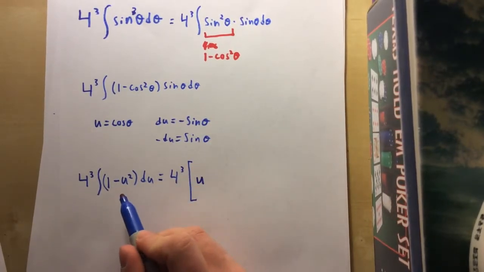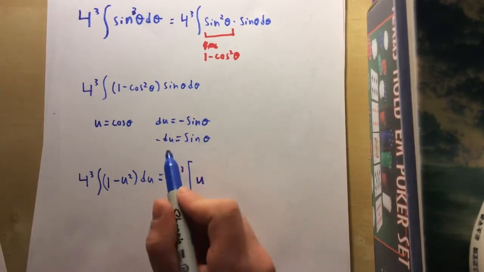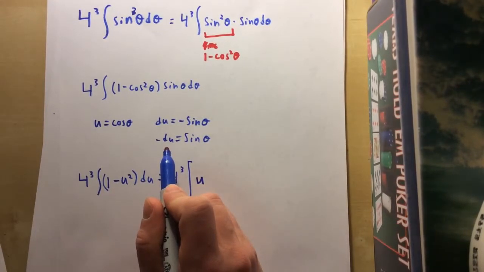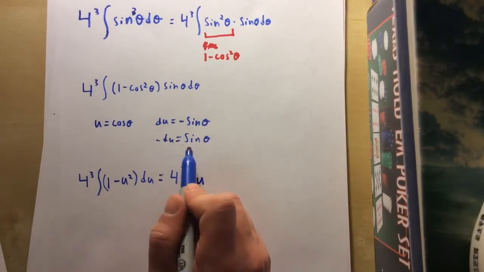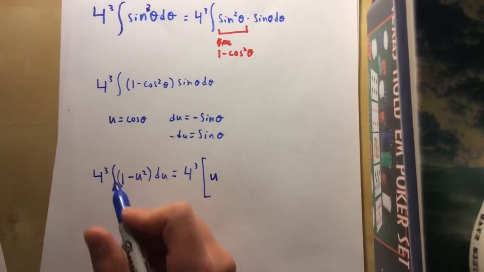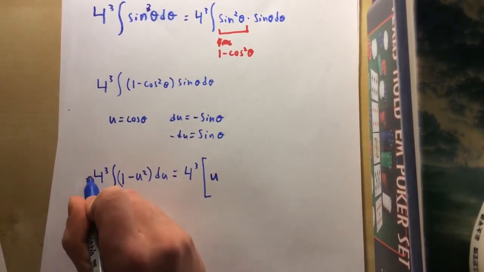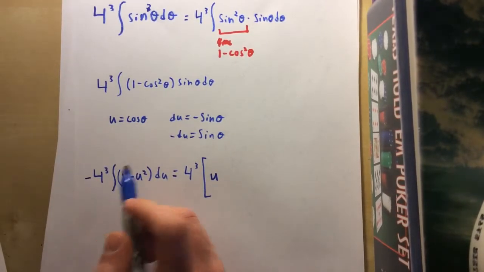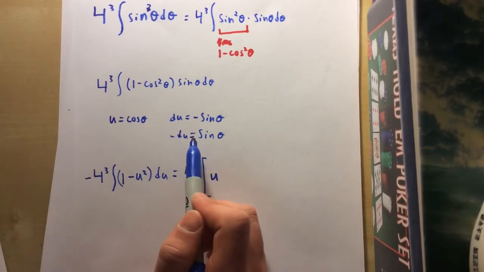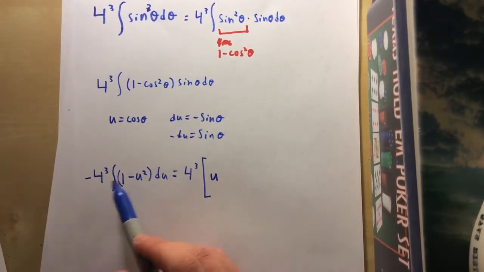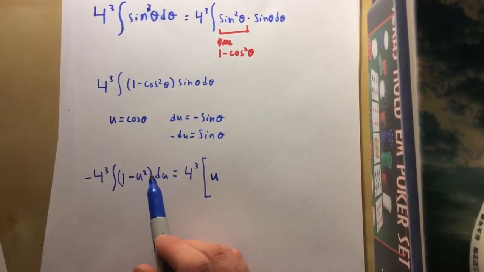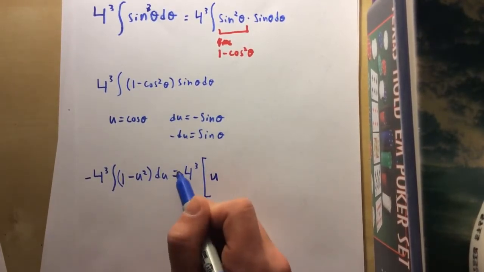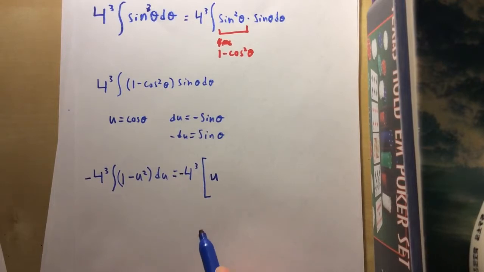And what I forgot here is this negative sign, because we have negative du equals sine theta. So I'm just going to pop it out there. When we were doing the u sub, sine theta is negative du, not du. So we get negative 4 cubed times the integral of 1 minus u squared du. So a negative there, and then we would have a negative there.